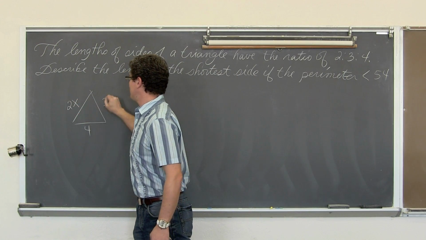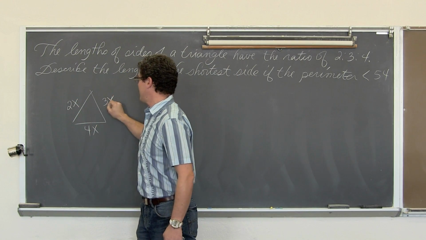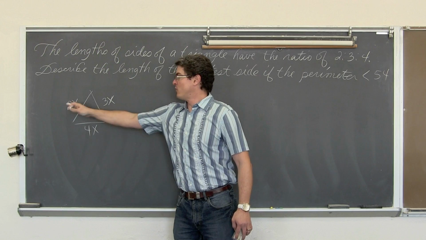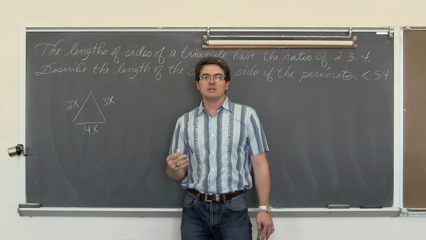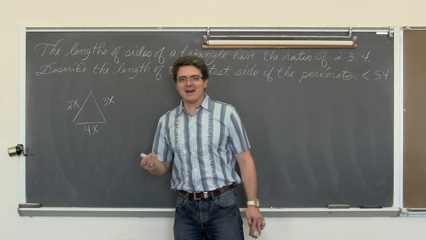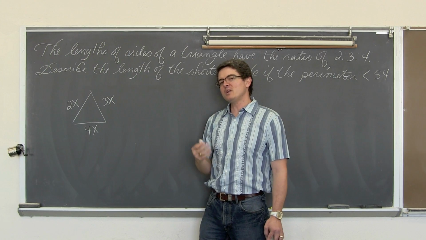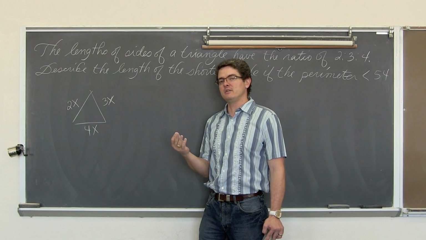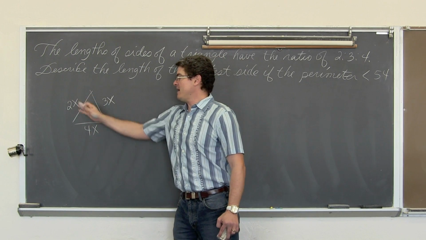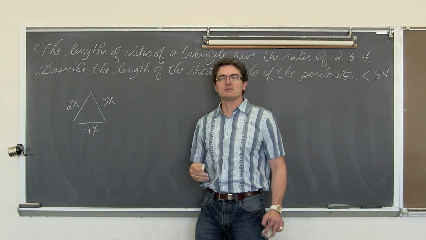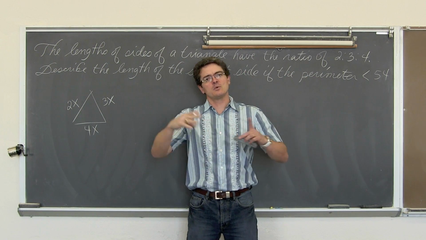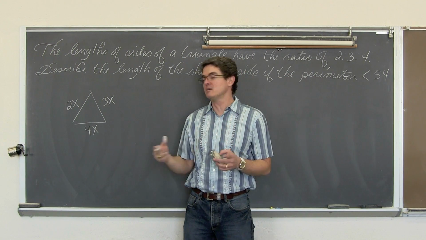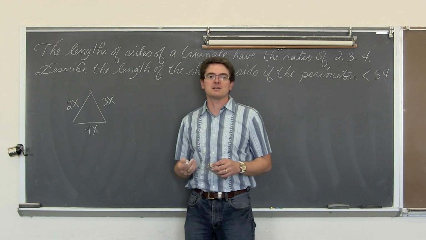They can all be varied by a common multiple. Maybe it's 4, 6, and 8. You can also multiply by a decimal, but I don't want to try and do that in my head. So we don't actually know the lengths of the triangle, so we apply a common multiple x to each of those ratio values to allow the triangle to expand and contract depending on what the value of x is.